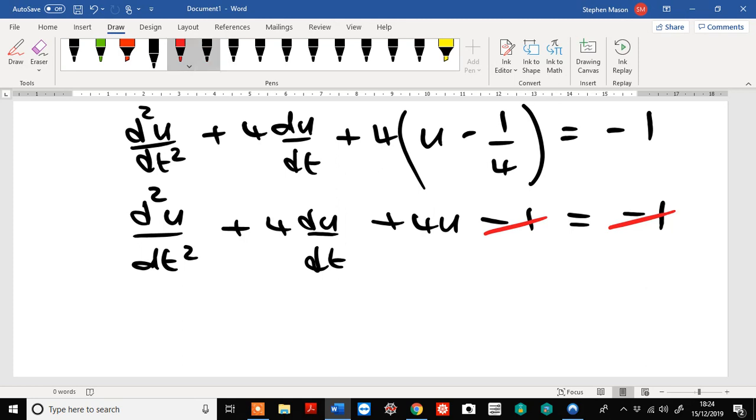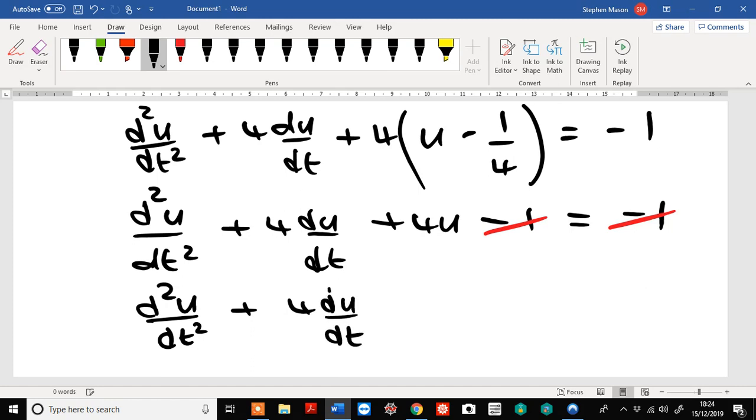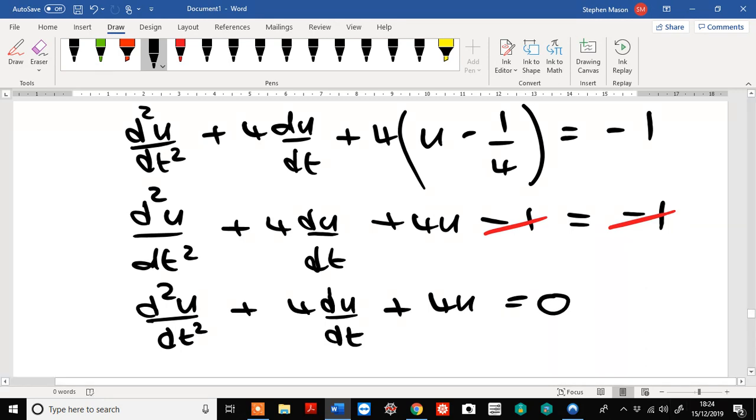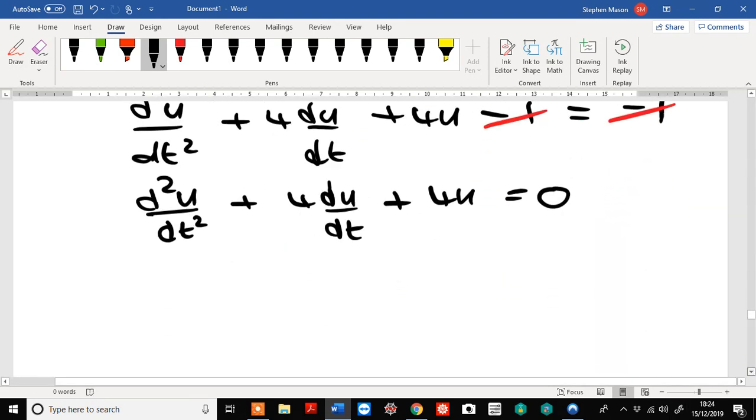So we're left with d squared u by dt squared plus 4 du by dt plus 4u equals 0.